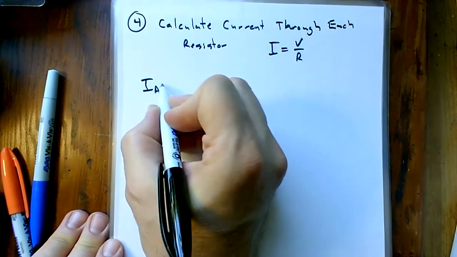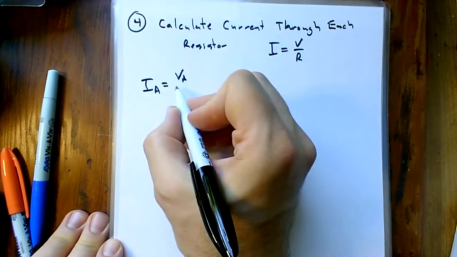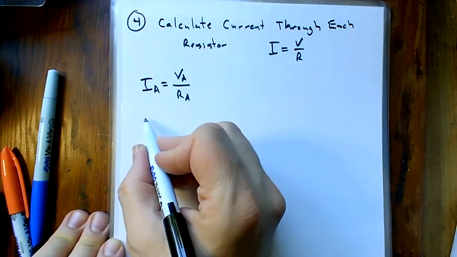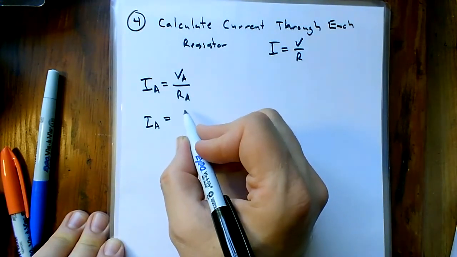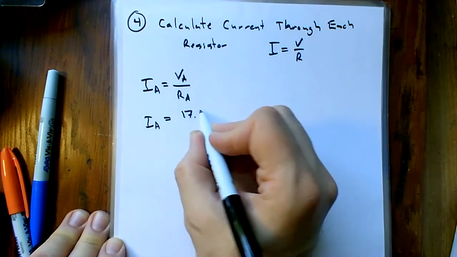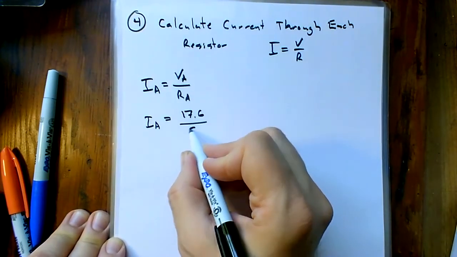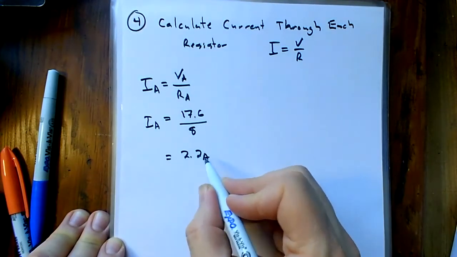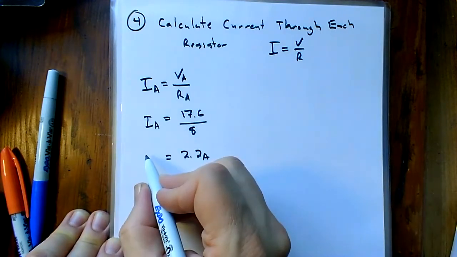My current in A would be equal to my voltage drop across A over my resistance A. And I had already said that my voltage was 17.6, and my resistance was 8, which means that this is going to be 2.2. And that makes some sense. Yeah, 2.2 amps.